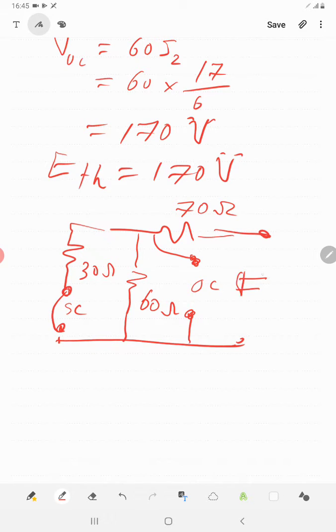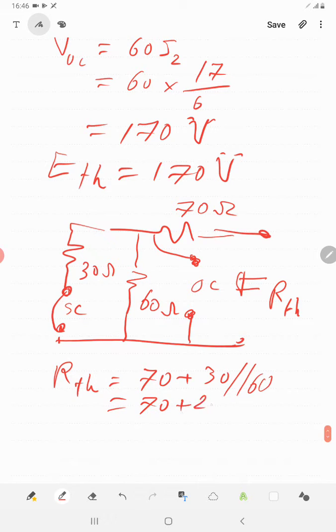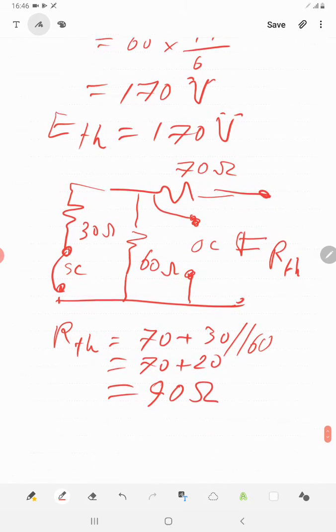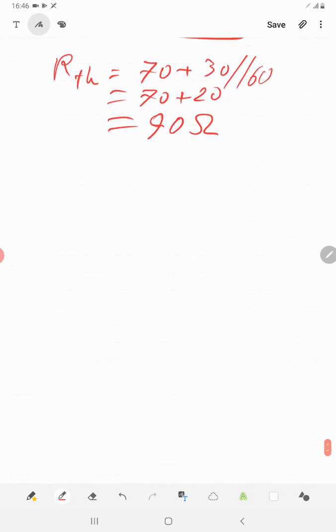And we look at R Thevenin on this side here. So simply R Thevenin equals 70 plus 30 parallel with 60. So 70 plus 20, so it is 90. This is how we determine Thevenin's equivalent circuit.